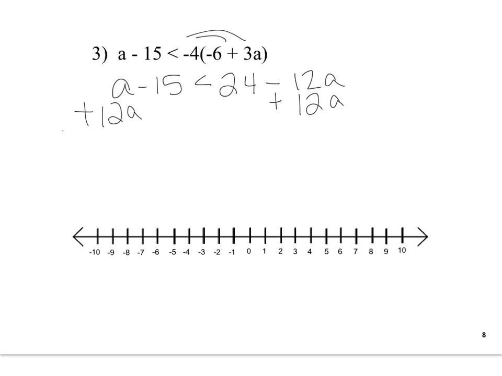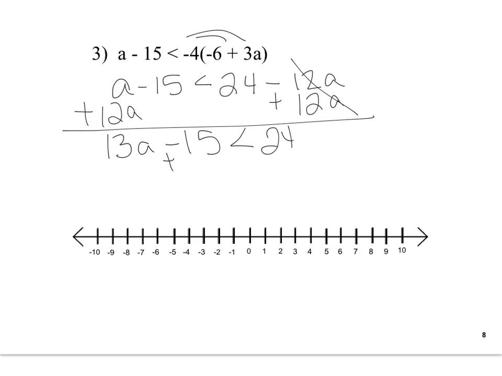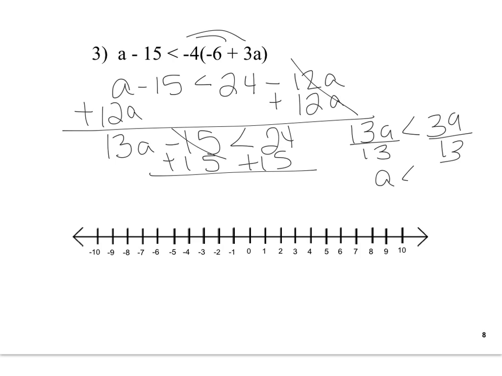It makes for easier graphing. So it's 13a minus 15 is less than 24. Add 15. So 13a is less than 39. Now that's a positive number, so no flipping needed. A is less than 3.